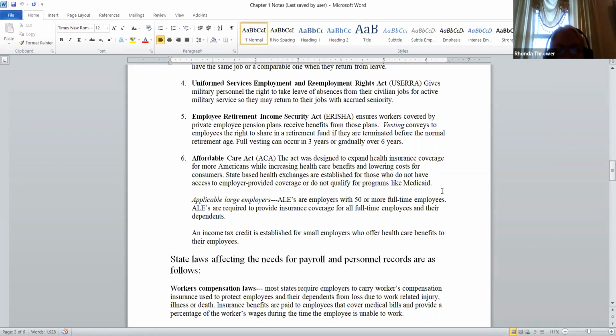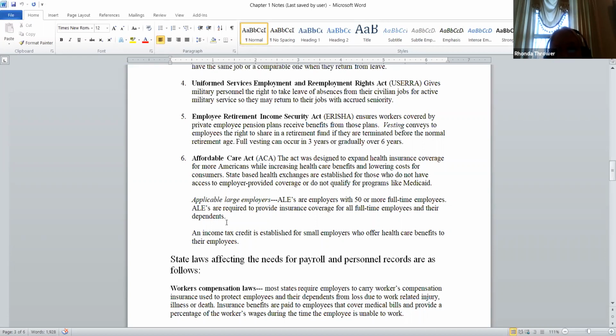Under the Affordable Care Act, if you're a large employer with 50 or more full-time employees, you are required to provide insurance coverage for all full-time employees and their dependents. So if you're a large employer with 50 or more full-time employees, you have to provide insurance coverage for your employees.